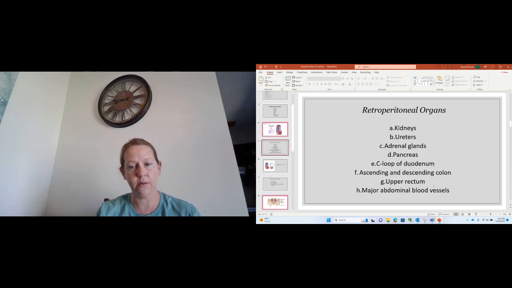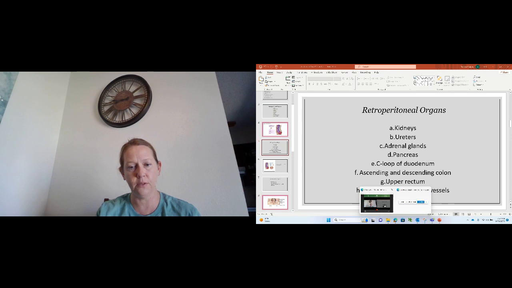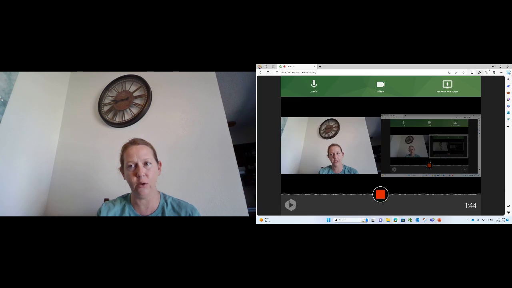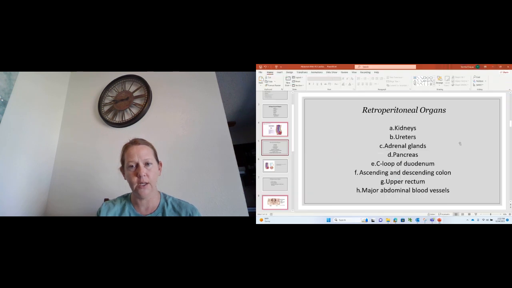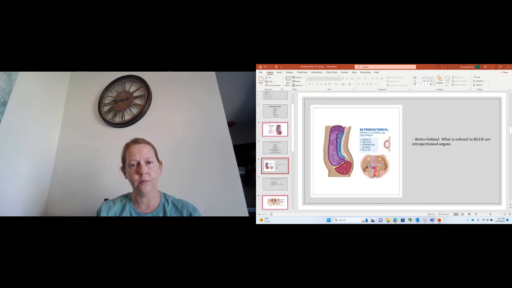Let's go down to retroperitoneal organs, which are the kidneys, the ureters, the adrenal or the suprarenal glands, the pancreas, the C loop of the duodenum, the ascending and descending colon, upper rectum, and the major abdominal blood vessels.